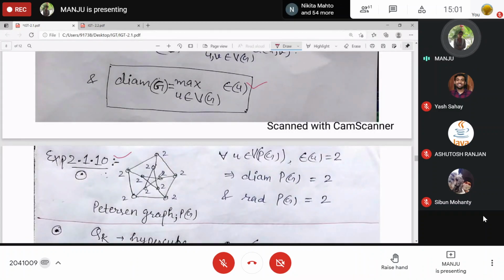What is this Petersen graph? This structure is known as the Petersen graph. First tell me what is the order, size, degree, regular or not? If regular, how much is the regularity?